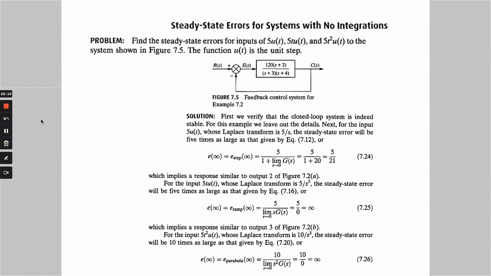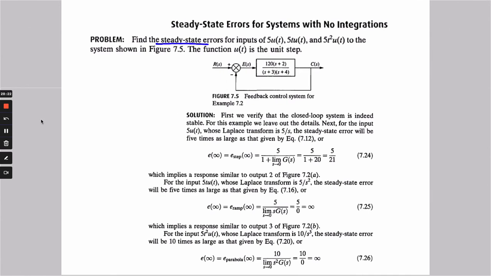The question asks you to find the steady state errors for inputs of 5u(t), 5t u(t), and 5t squared u(t). This is the step, this is the ramp, and this is the parabolic input.